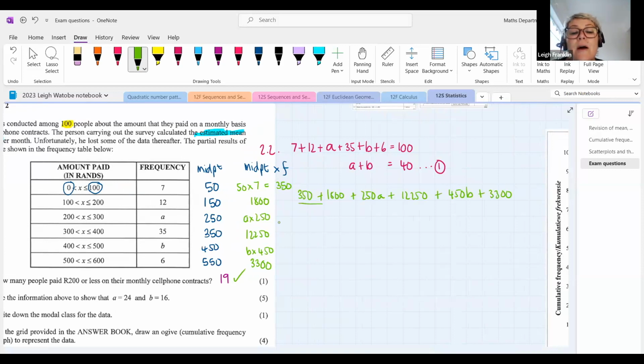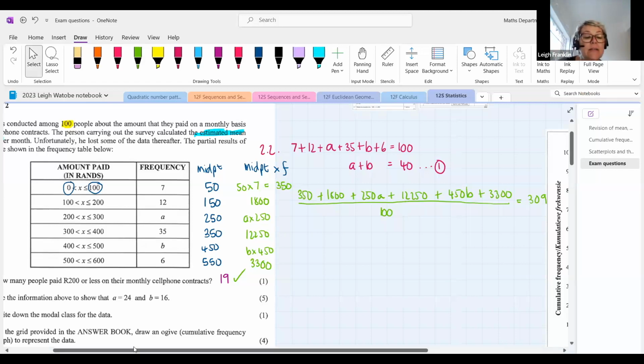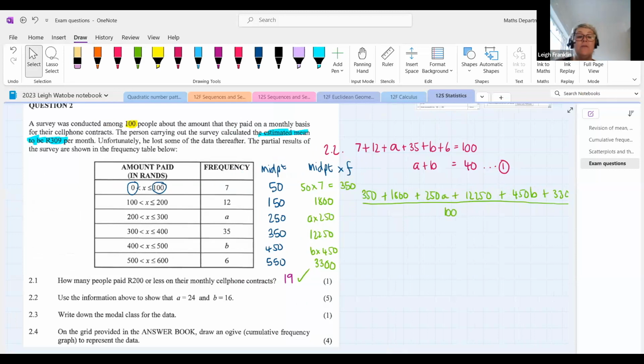We are going to divide that by 100, and that is equal to 309, which is the estimated mean. Remember, I highlighted that in blue at the beginning of the question. We are dividing by 100 because there are 100 people that took part in this survey.